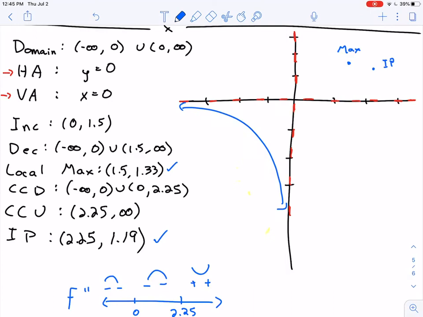All right, what next? Well, in between 0 and 2.25, so in this middle section right here, we said we have something which is concave downward. And this is helpful because we also said we have a maximum right there. We said we had a horizontal tangent line there earlier. So on this left-hand side of the inflection point, I should have something which is concave downward.